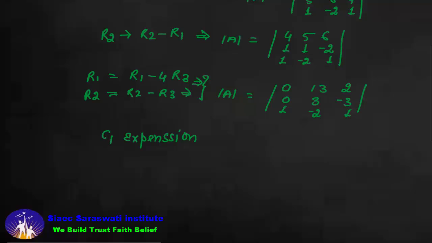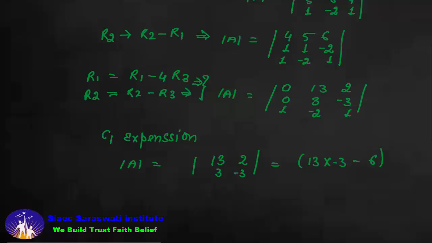So the determinant of A will be, so it will be plus minus plus again, so that will be 13, 2, 3 and minus 3, and that will be again 13 into minus 3 minus 6.